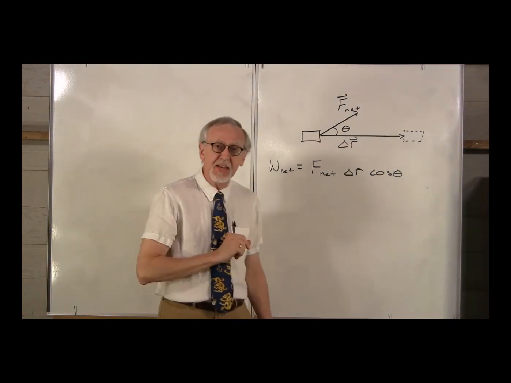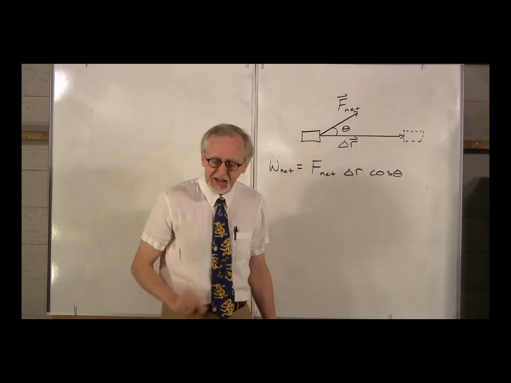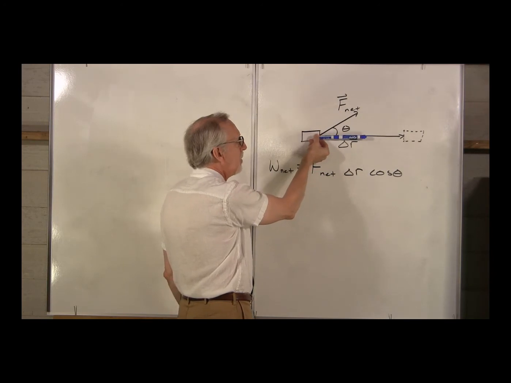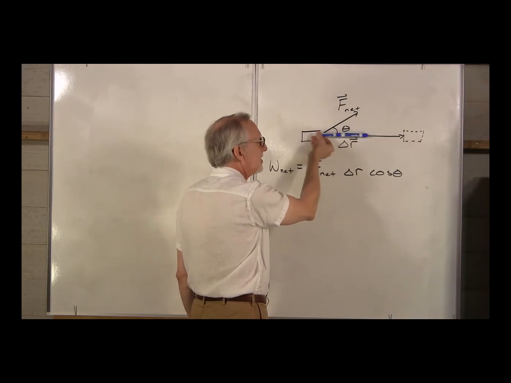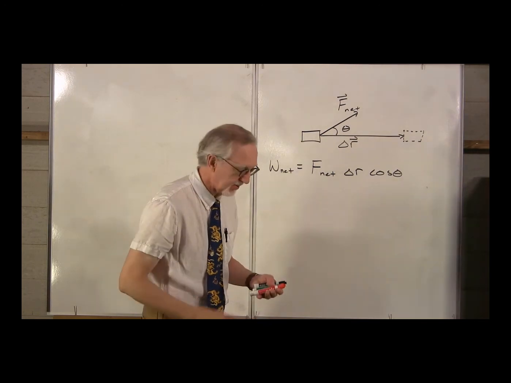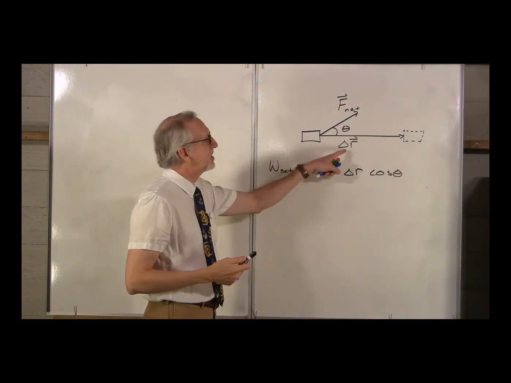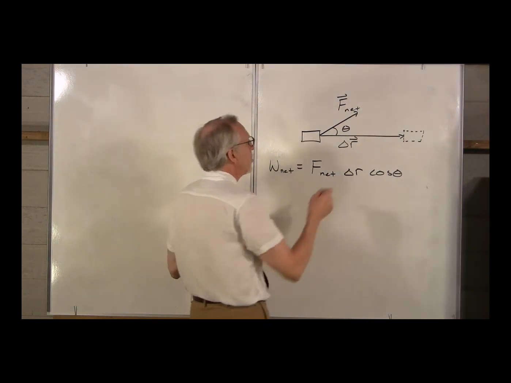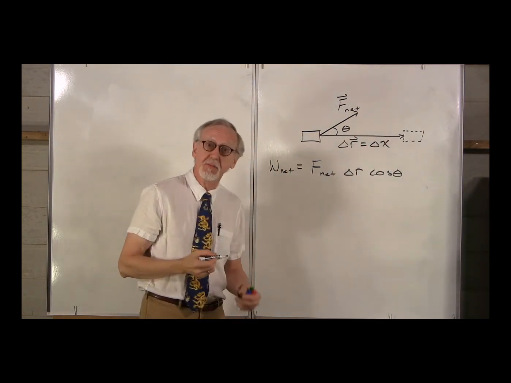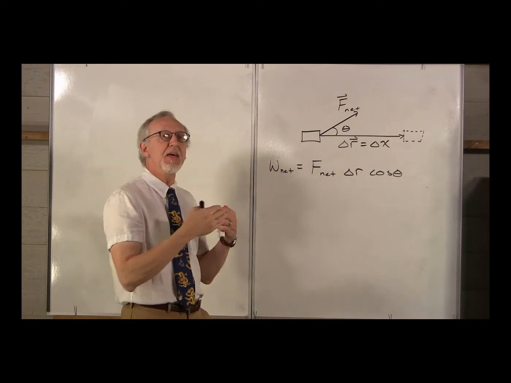We are free to choose our coordinate system any way we want. For simplicity, I'm going to define my x-axis along the displacement. So the displacement delta R lies along our x-axis, and whatever distance this thing travels, I'm going to write as delta x. That's the displacement in the x direction.